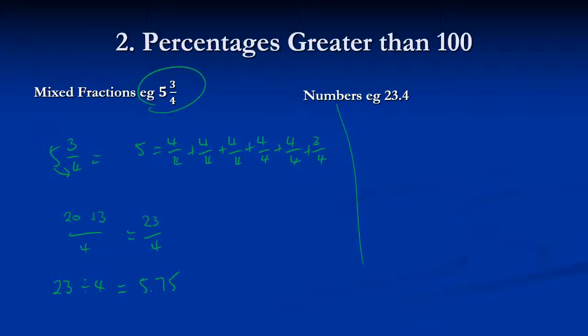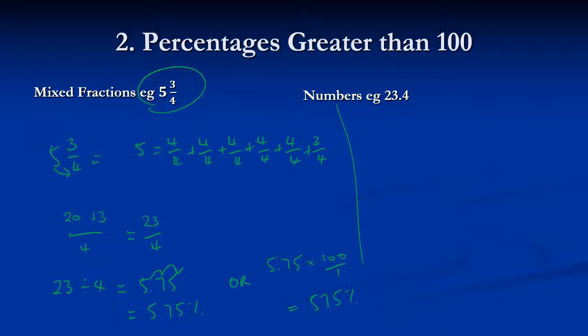Now, I find it easier just to move the decimal place a couple of places when I'm multiplying by 100. So I could say that's 575%. If you're not sure about that, you just go 5.75 times 100 over 1 equals 575%.